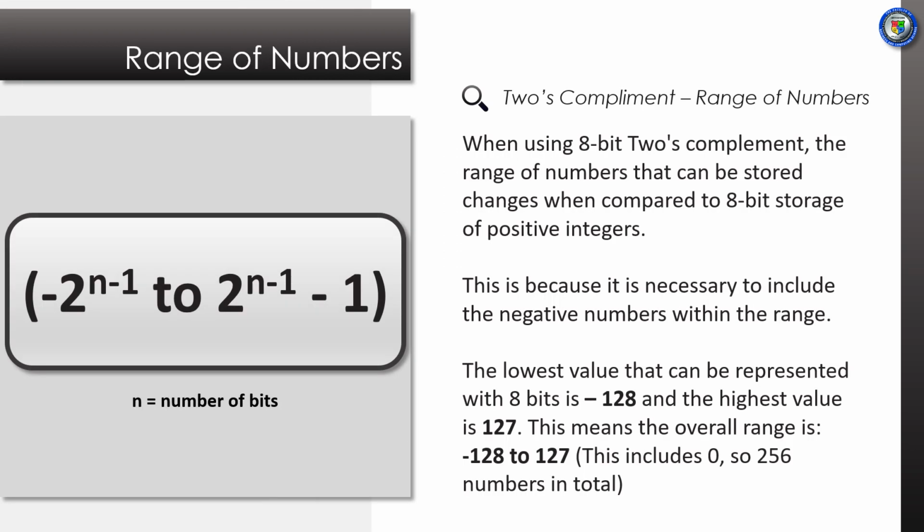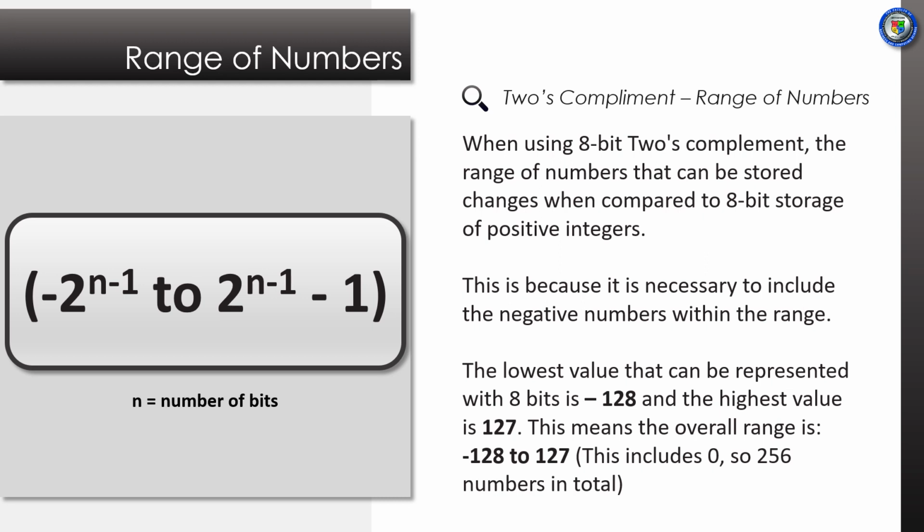We will now look at the range of 2's complement numbers we can represent using 8 bits. When we're using 8-bit 2's complement, the range of numbers that can be stored changes when compared to 8-bit storage of positive numbers. The reason for this is that we need to include the negative numbers within our range.